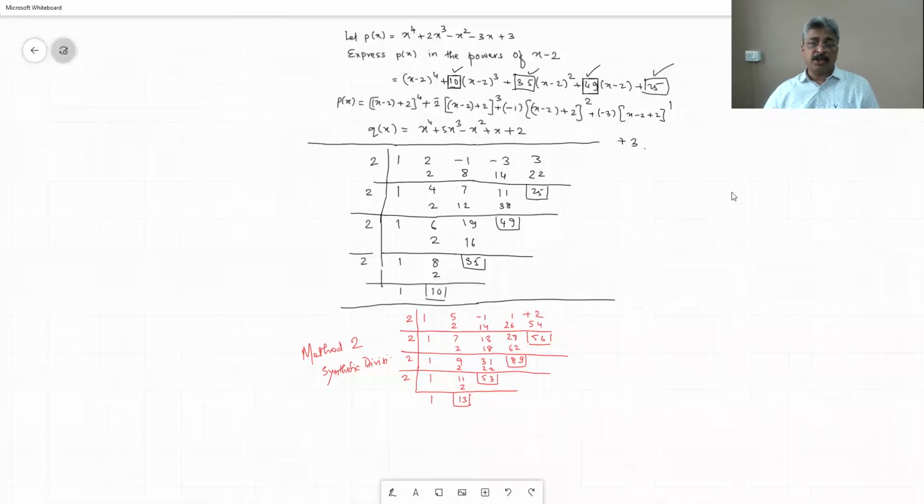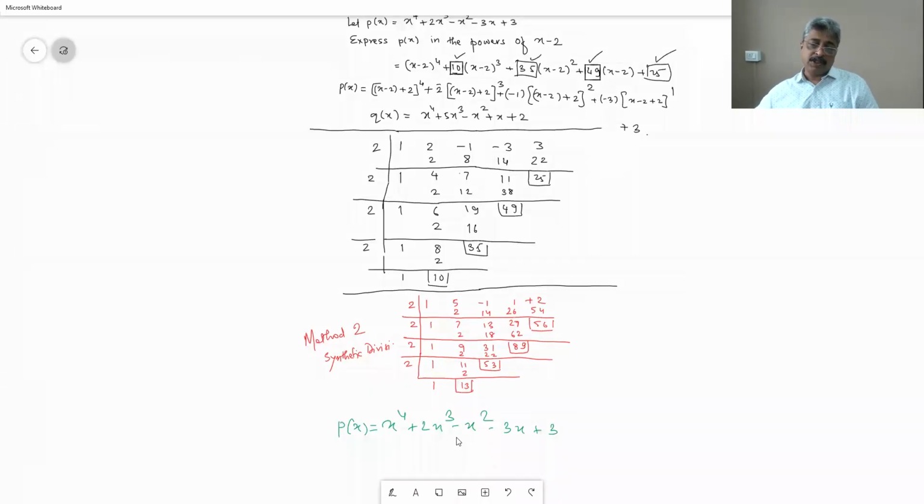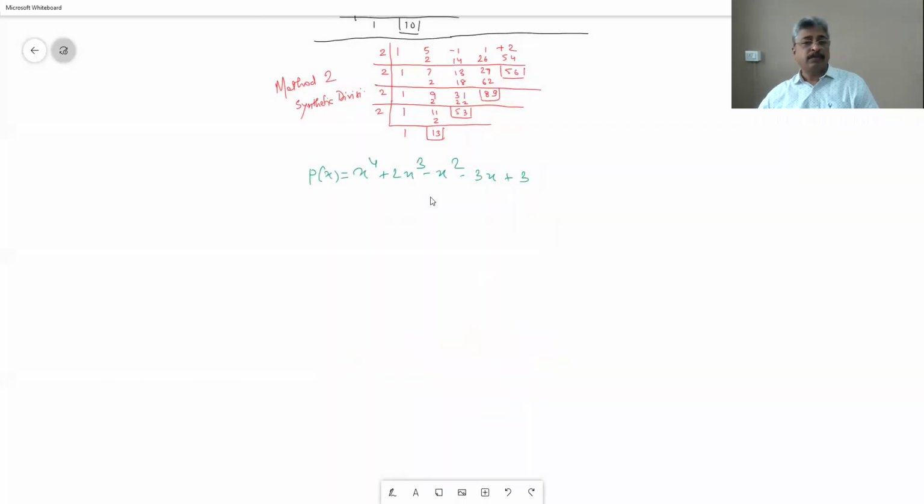The expression is x raised to 4 plus 2x cube minus x square minus 3x plus 3. Why is synthetic division working? It is working because we have to write.